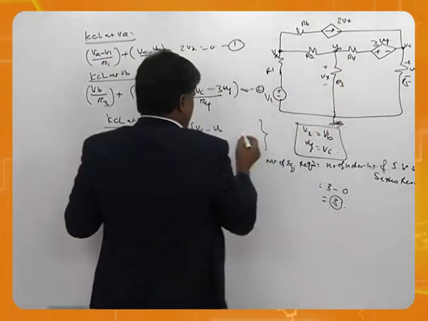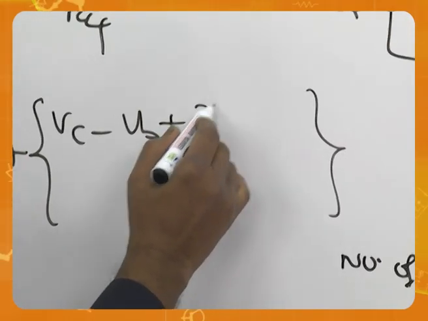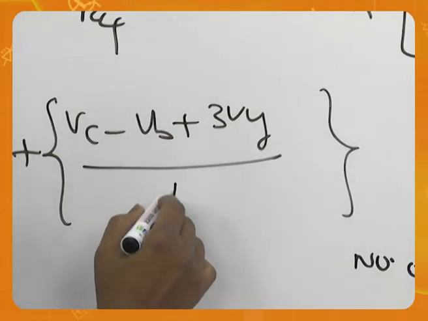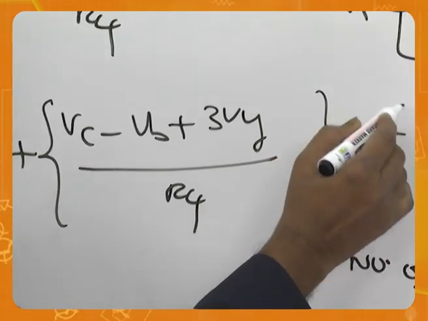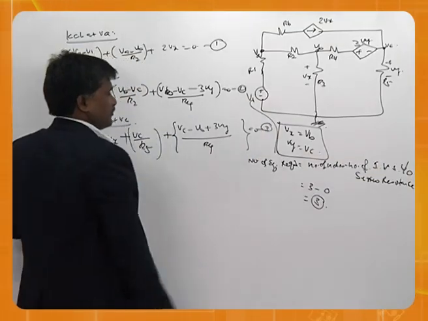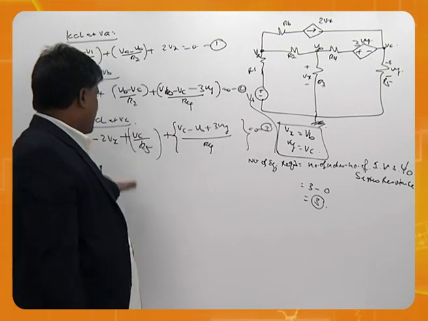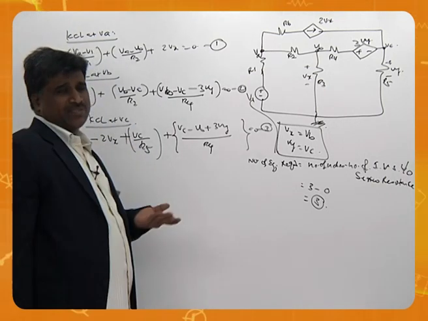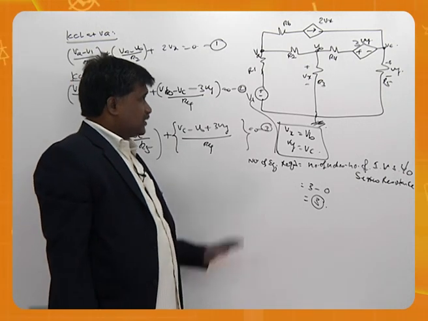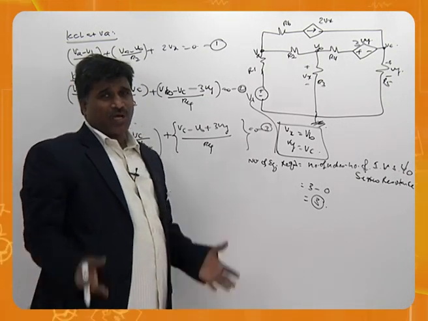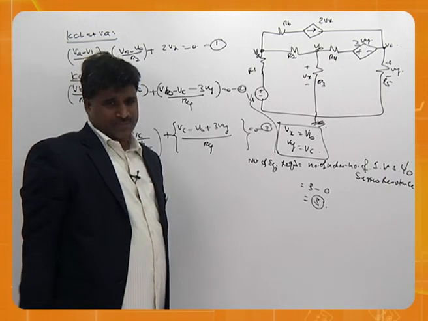This is very important. Minus of minus becomes plus, 3Vy by R4 is 0. That is the third equation. So he wanted nodal equations. We gave the nodal equations. Solution is very simple, that is left. So this is another problem to show how to get nodal equations.